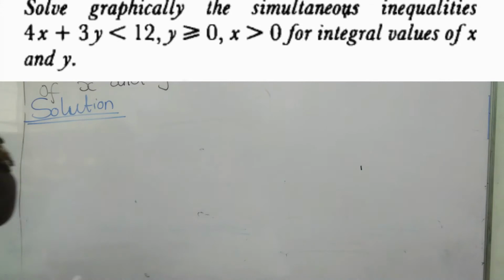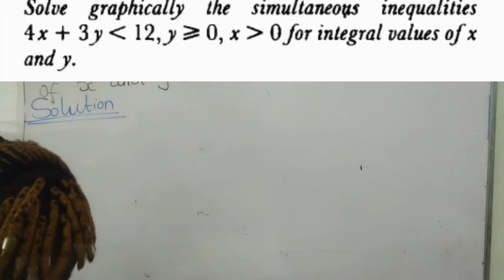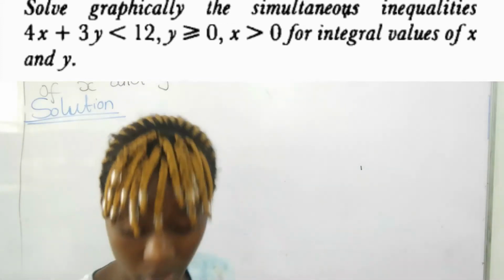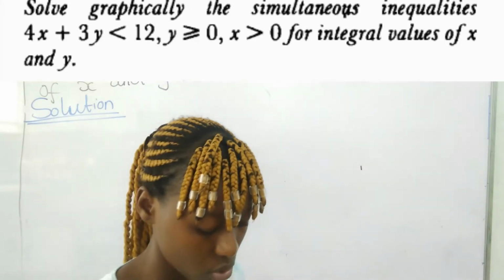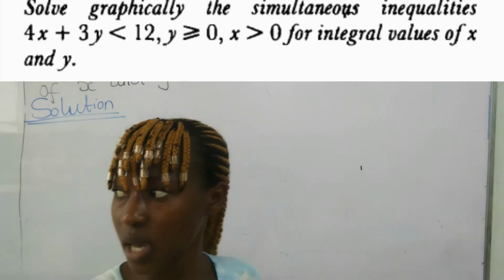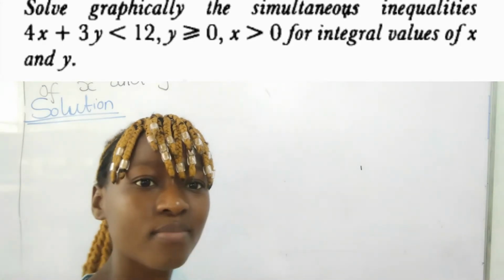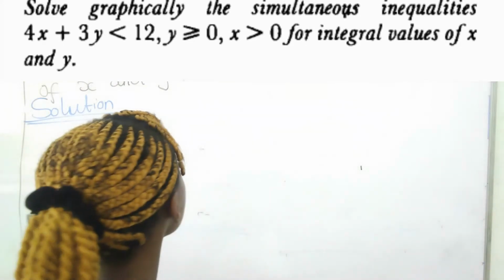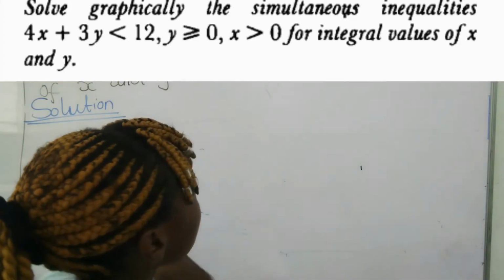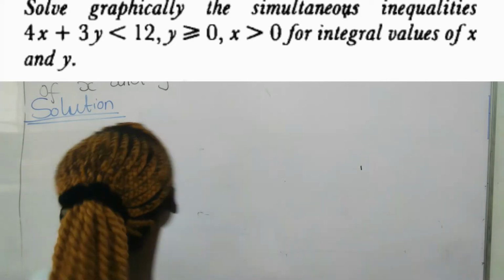The first one is 4x plus 3y less than 12. I'm very aware that I began with quite a complex one, but you can check the smaller sums for yourselves. I'll work this one out, and if you have any queries, you can highlight them.